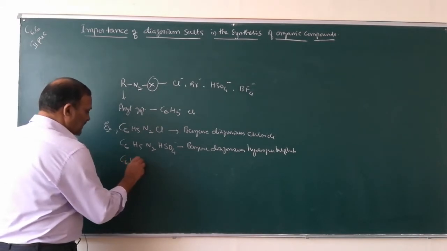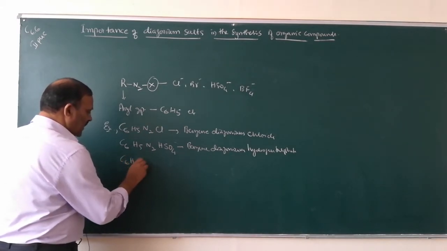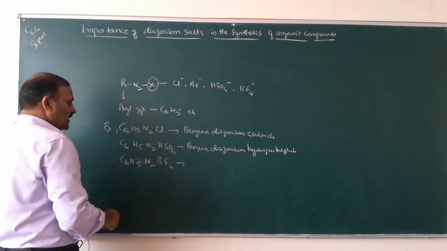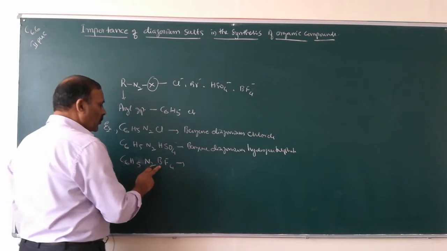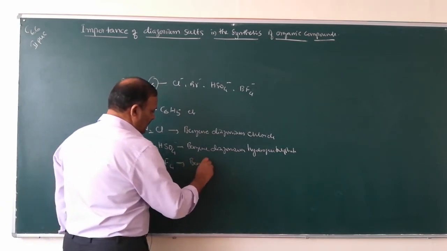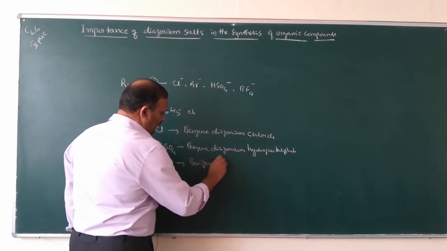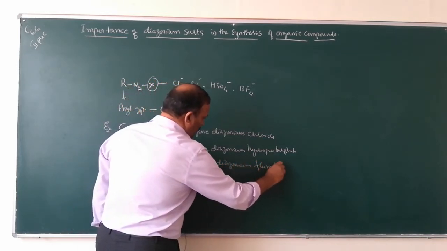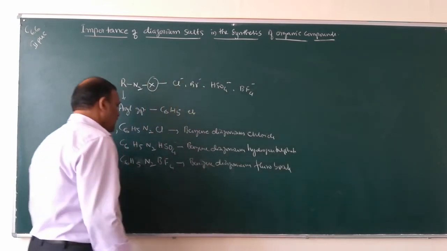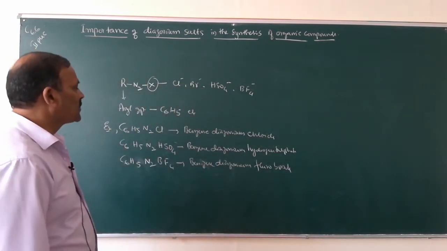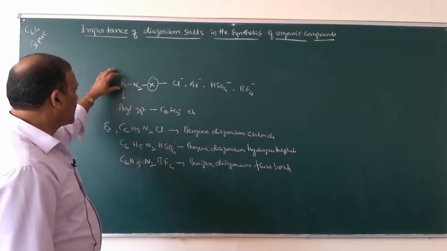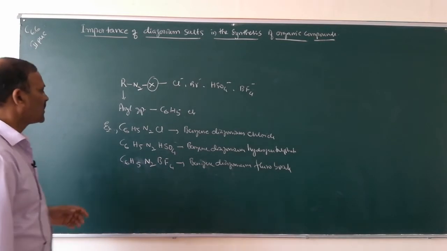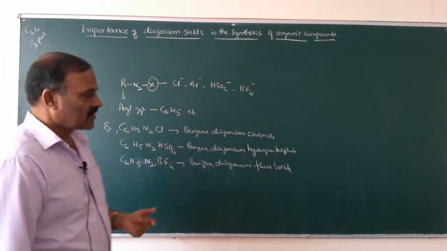And if X is BF4, C6H5N2BF4 is benzene diazonium fluoroborate. These are the examples for benzene diazonium salts.